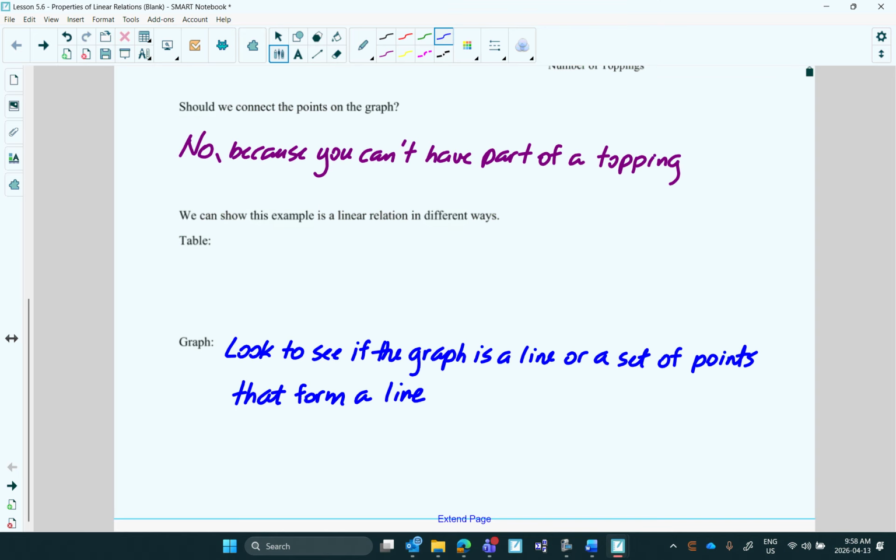Okay, so that's how you can tell, looking at a graph, whether it's a linear relation or not.